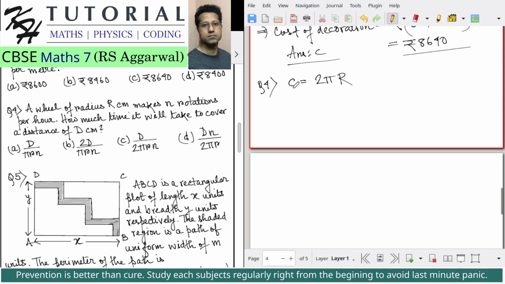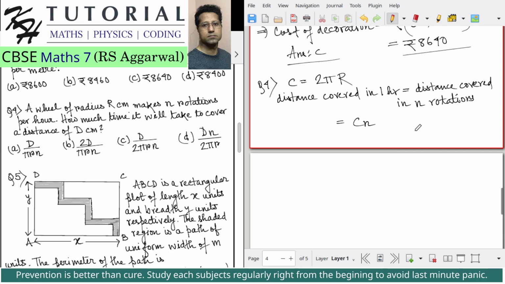So we can say distance covered in 1 hour is equal to distance covered in n rotations, since the wheel is making n rotations per hour, which is equal to c into n, because in one rotation the distance covered is equal to the circumference of the wheel.